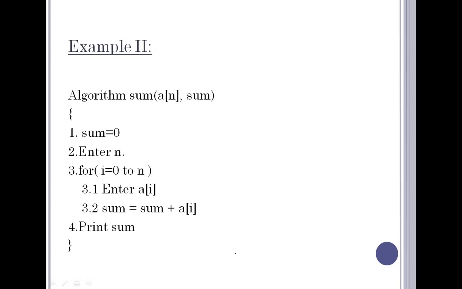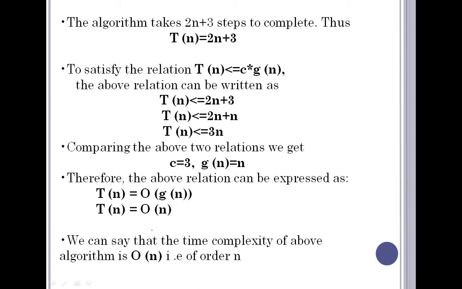For the second example, we have to find the sum of the array elements. We have this particular algorithm. Here one step, here the number of steps, and here again one step. We will count it as near about 2n plus 3.